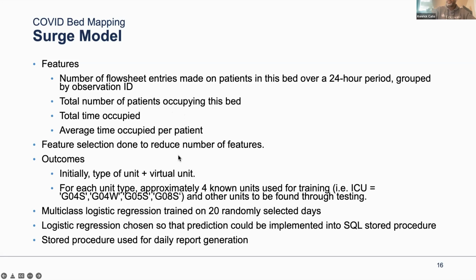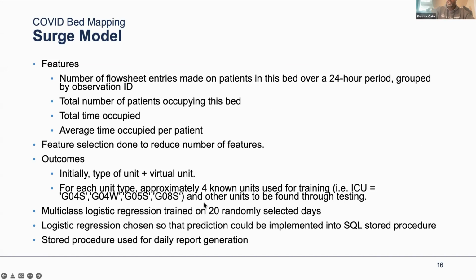And then we ended up using a multi-class logistic regression model, because the need of the hospital was to be able to transfer this information into a report that they could run daily or hourly. And so a logistic regression model was the best way to do that.